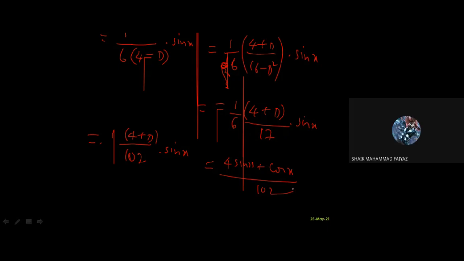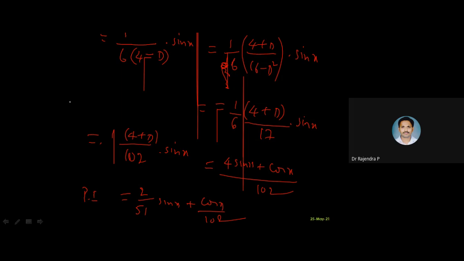If you want, you can separate it: 4 by 102 means 2 by 51 sin x plus cos x by 102. If you want, you can write it this way also. So this is your second part.